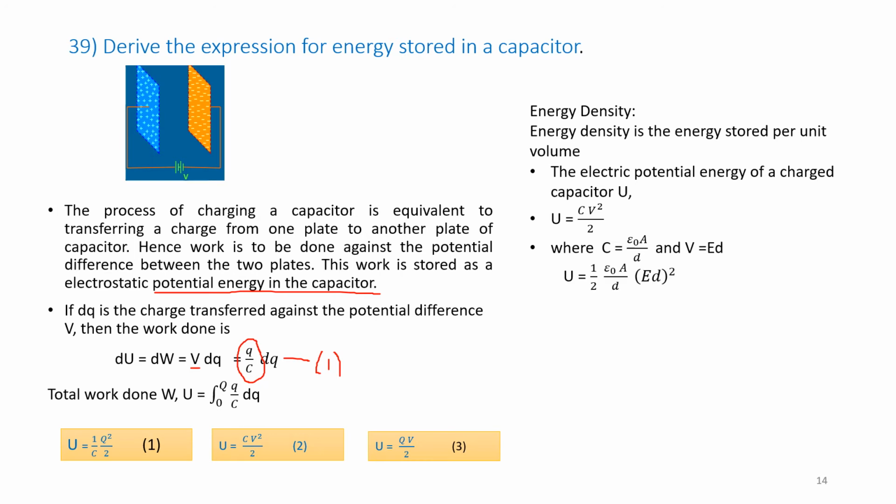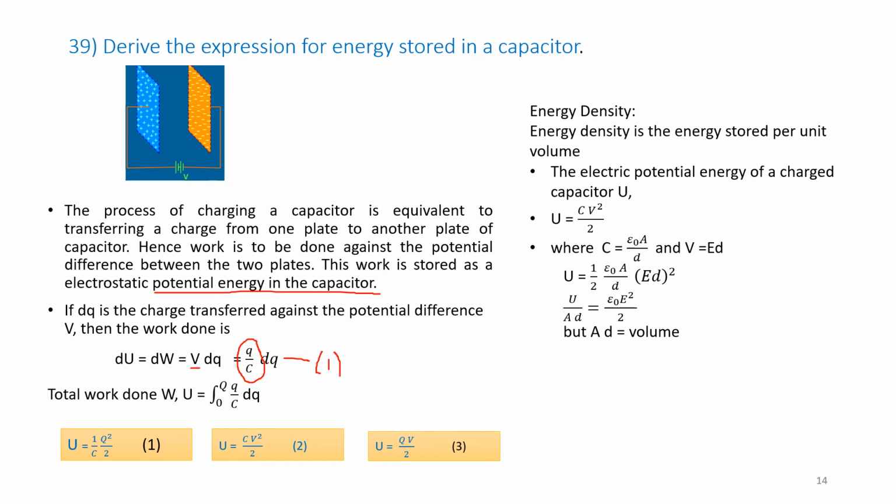Substituting these values, we get U is equal to half of C, whose value is epsilon naught A by d, and V is Ed, so V square is E square d square. Simplifying, we get U by Ad is equal to epsilon naught E square by 2.